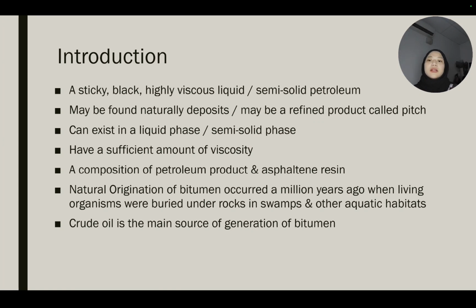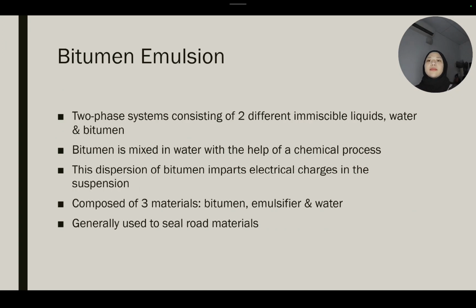Natural origination of bitumen occurred millions of years ago when living organisms were buried under rocks in swamps and other aquatic habitats. Crude oil is the main source of generation of bitumen.